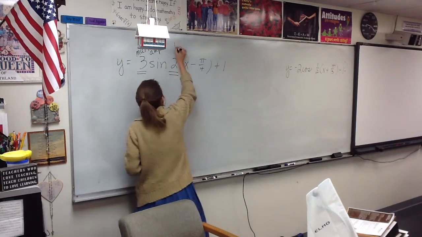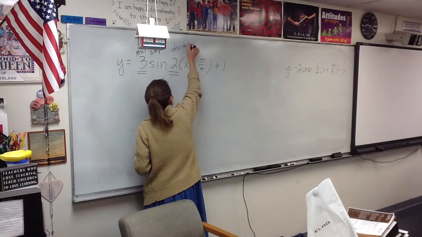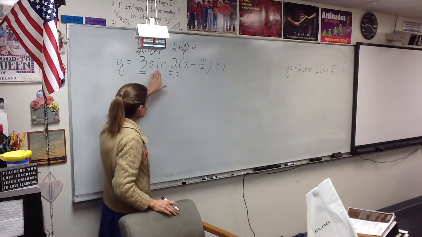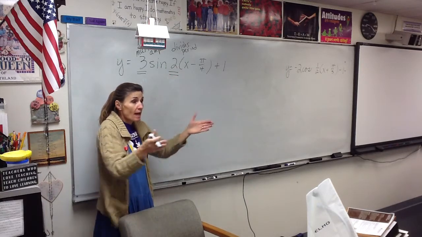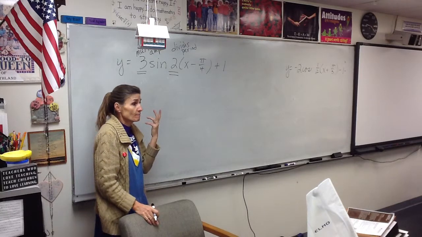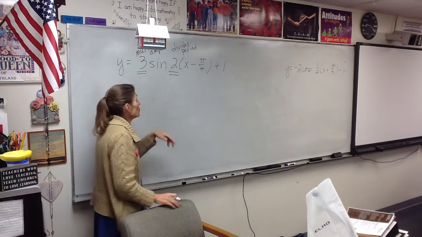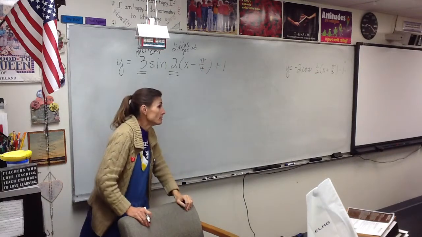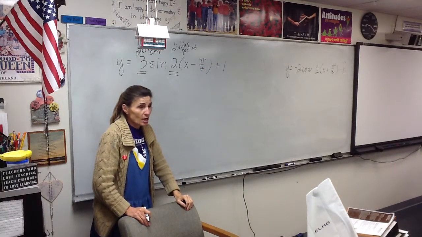It divides the period. So, in this case, this sine curve would actually be half as long as a regular sine curve, right? Now, when you put additions and subtractions in the problem, that does not affect the shape.